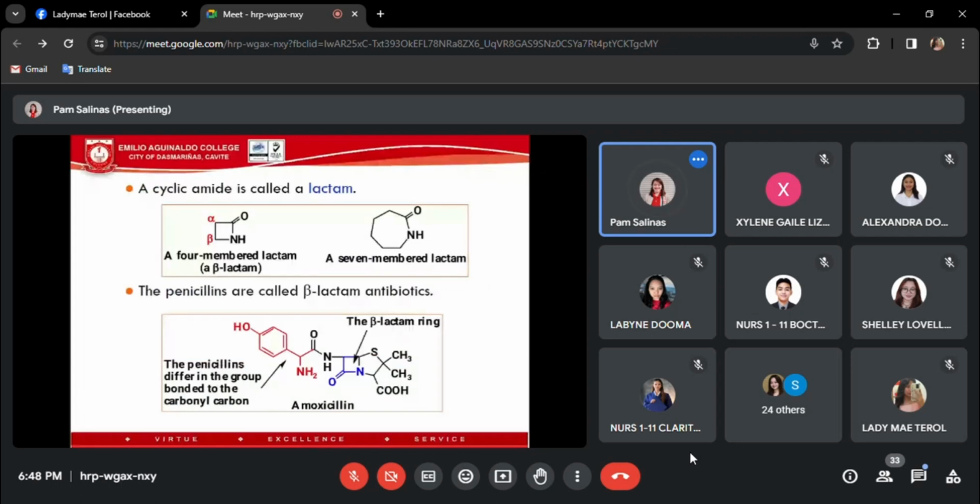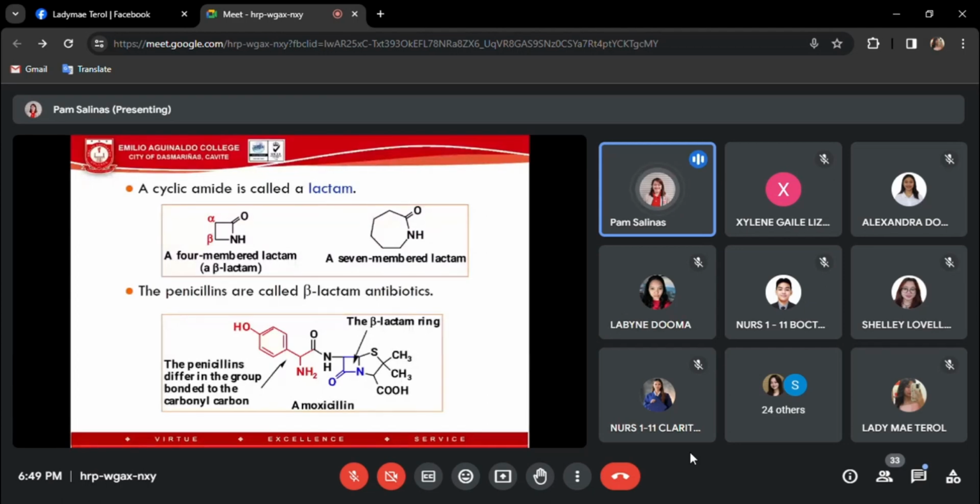Okay? Next, cyclic amide is called a lactam. Again, what do you call the cyclic anhydride? Ano ulit tawag natin doon? Yung kanina, cyclic.